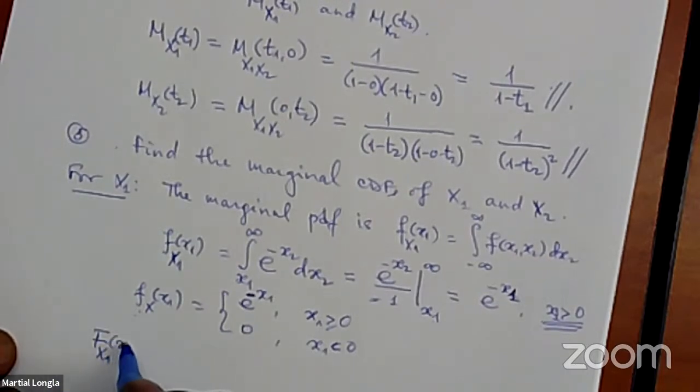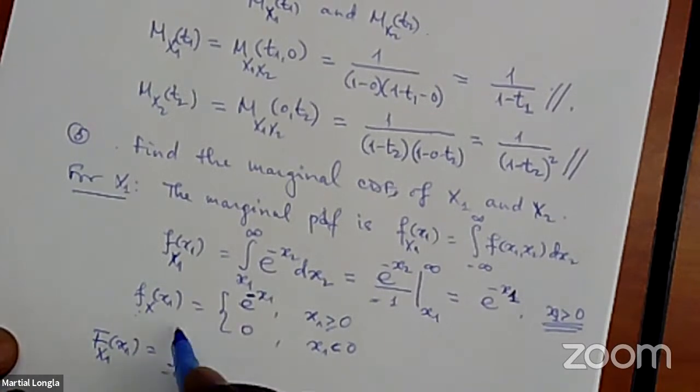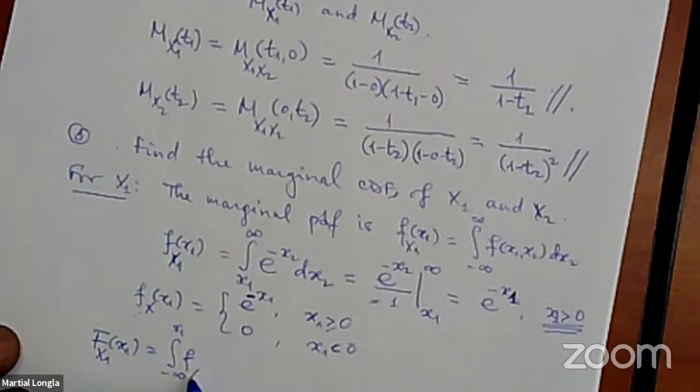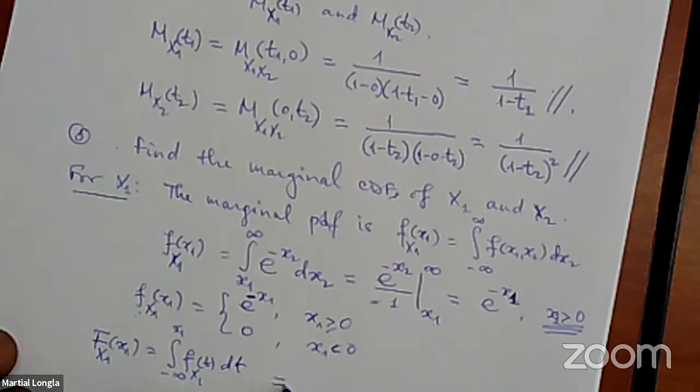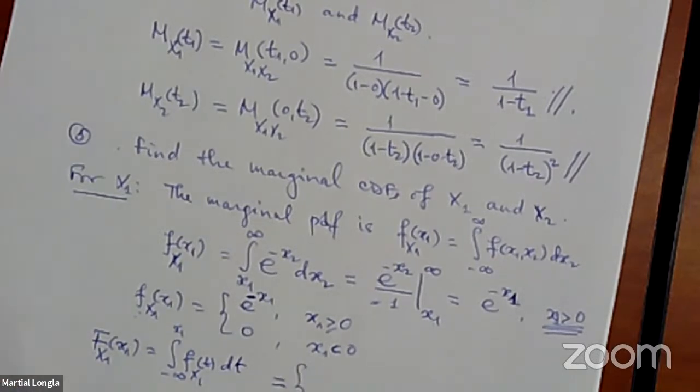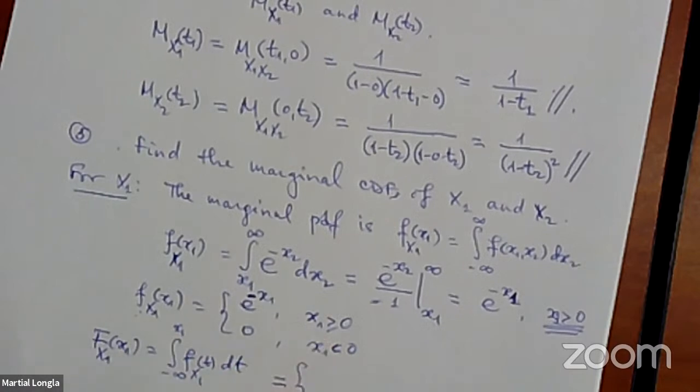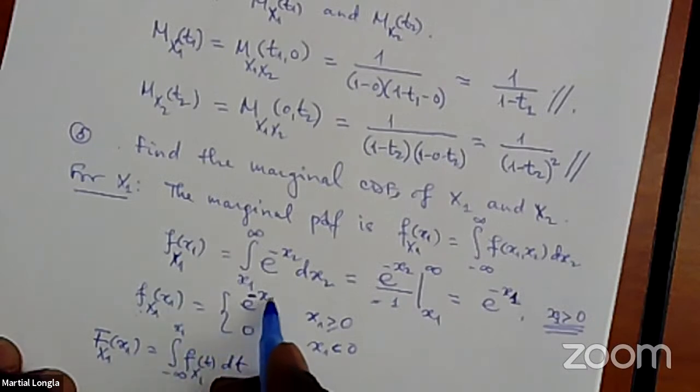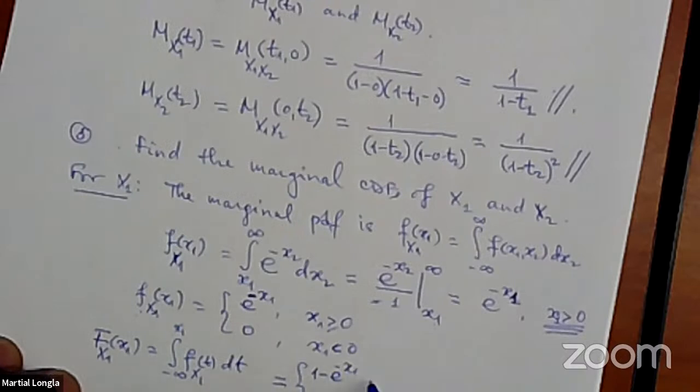F_x1 of x1 is the integral from negative infinity to x1 of f_x1 of t dt. When x1 is less than 0, it is 0. When x1 is larger than 0, you integrate this and you get 1 minus e to the negative x1.